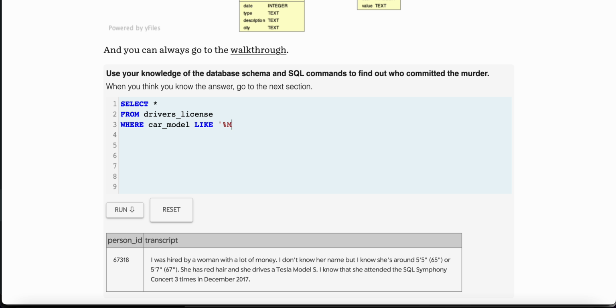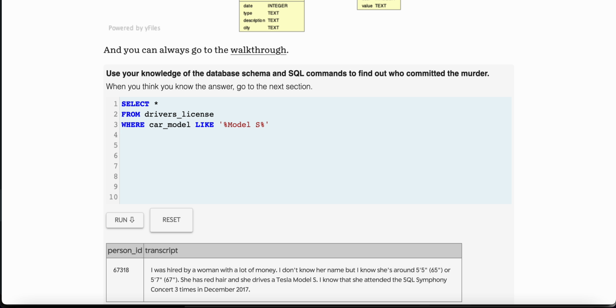Where the model is S, and gender is said to be female.